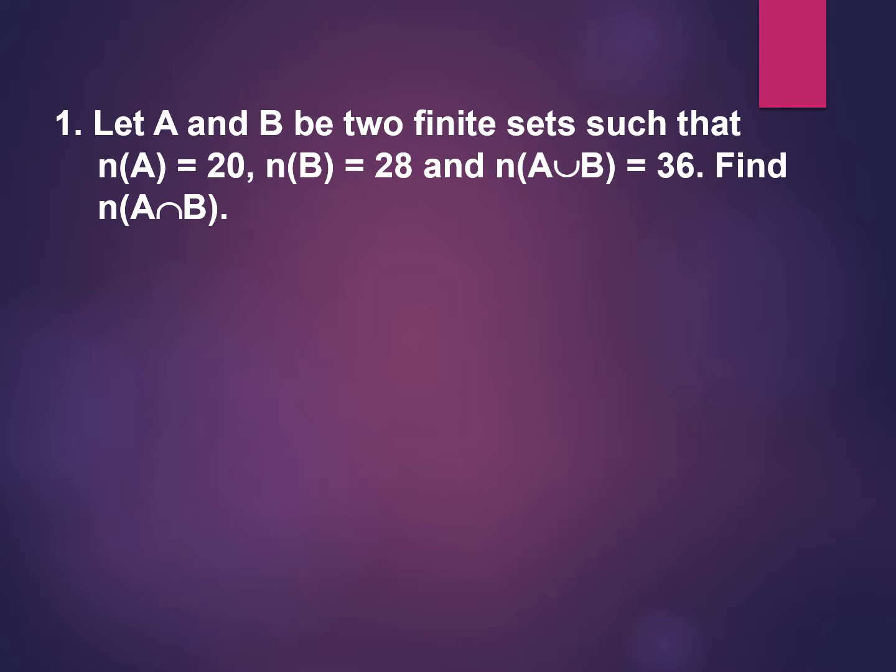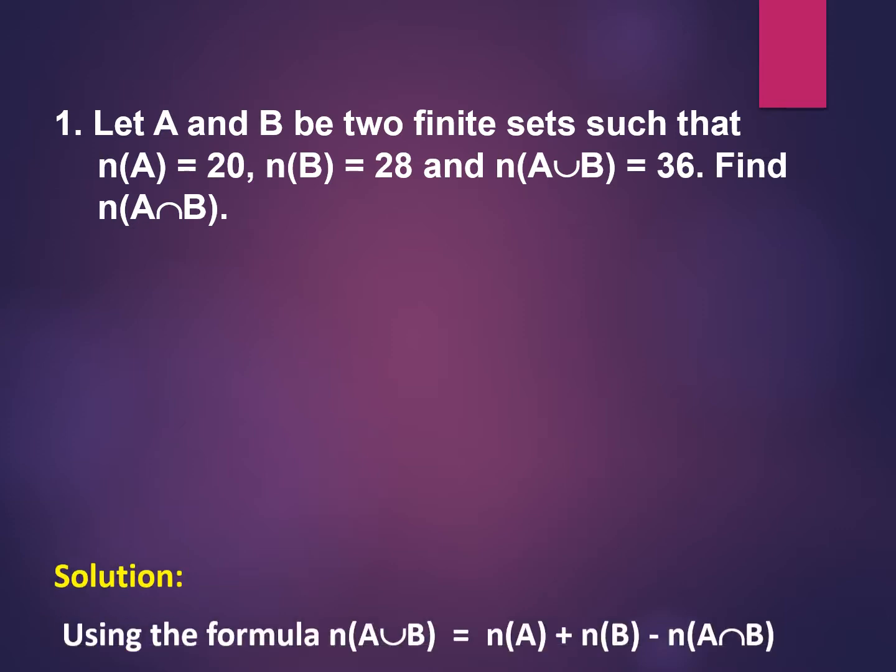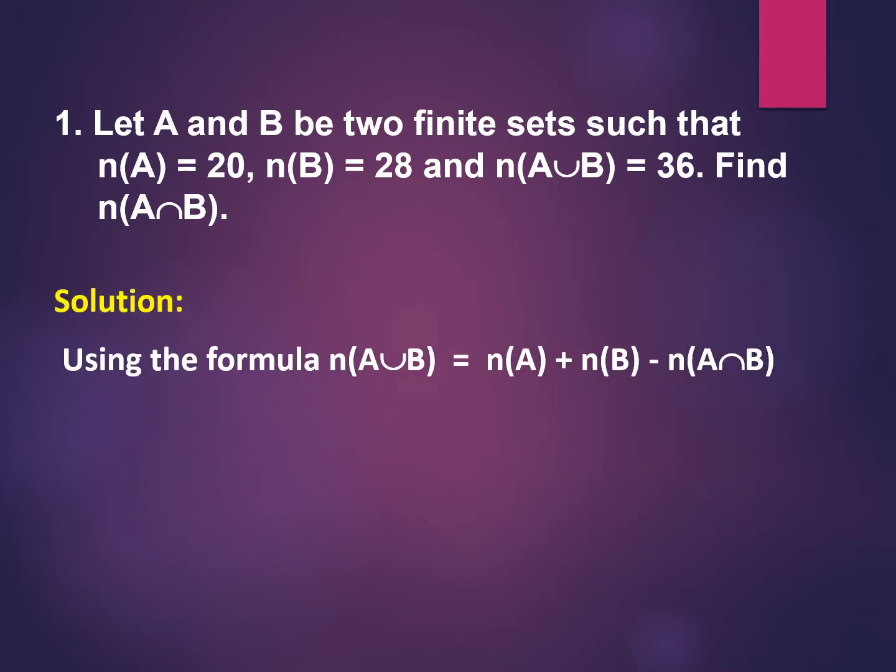Find the intersection of set A and set B. Using the formula, the union of set A and set B is equal to set A plus set B minus the intersection of set A and set B. Since we will find the intersection of set A and set B, we will use this formula. The intersection of set A and set B is equal to set A plus set B minus the union of set A and set B.